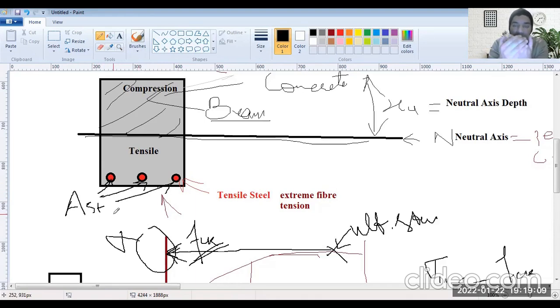What will be the AST for these three bars? It will be pi by 4 into d square, which is the area for one bar, so for 3 bars that will be the total area of cross section of the 3 bars which are under tension.